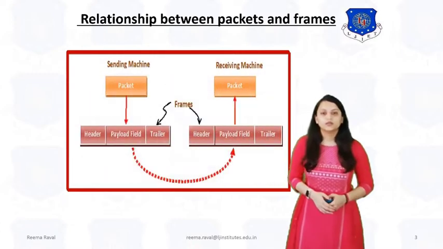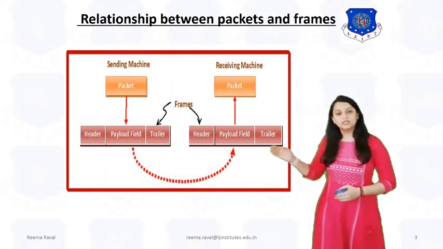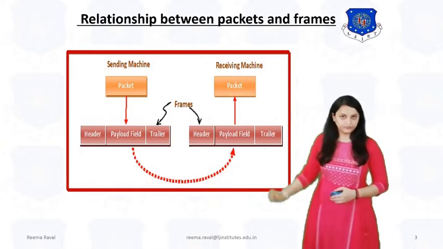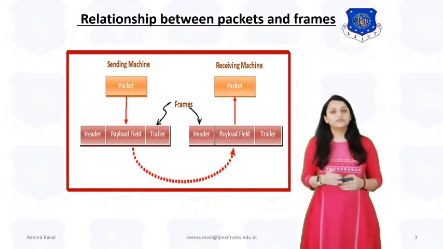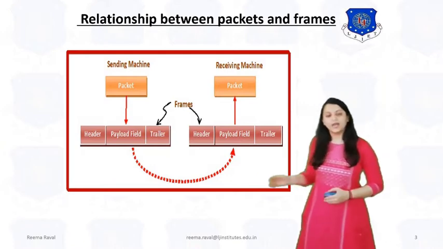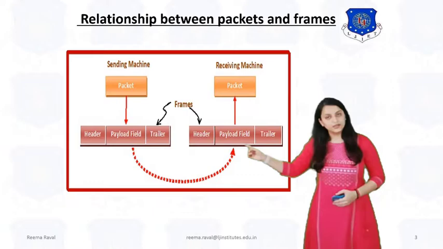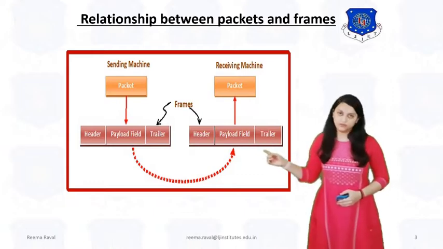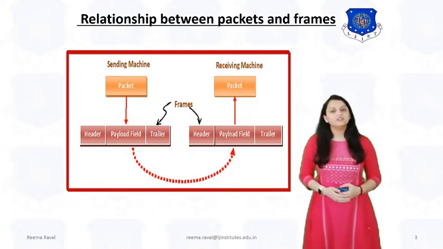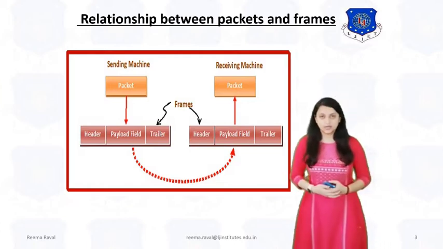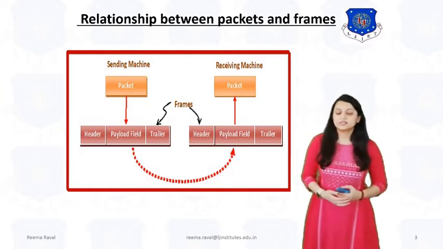As you can see over here, these indicate the frames and this indicates the packets. Any frame has a structure like this: the first is the header field, then the payload field, and the last is the trailer field. So in any frame, these are the three main divisions, which are called fields in a frame.